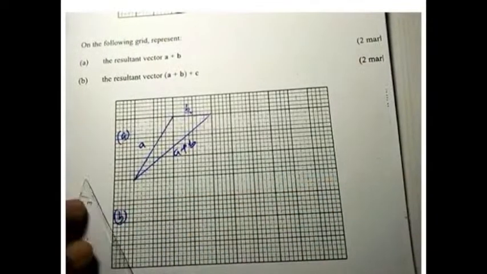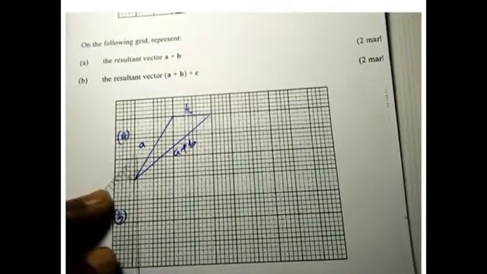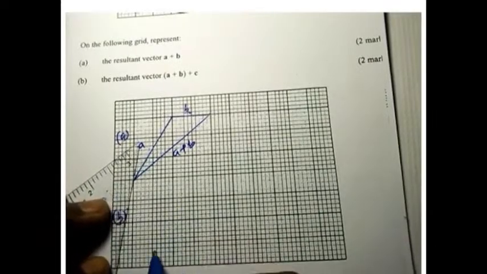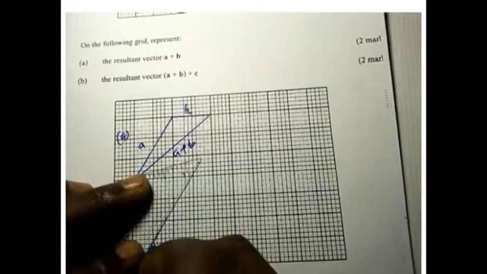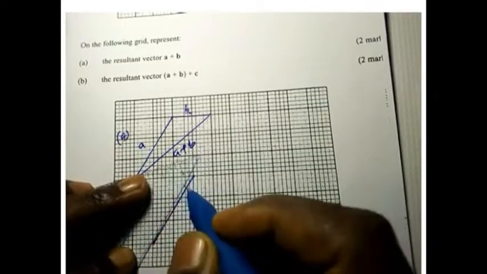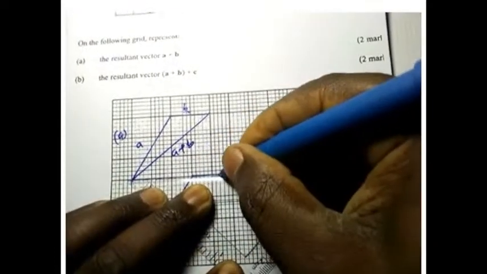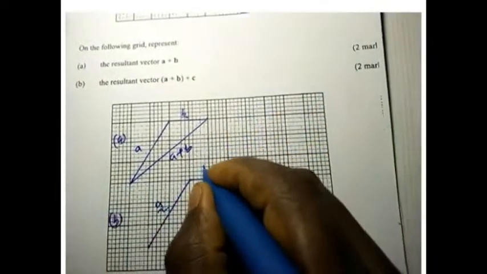From the end of B, you will repeat the same. So how many squares? 1, 2, 1, 2, 3. From here, this is B, 2 units.